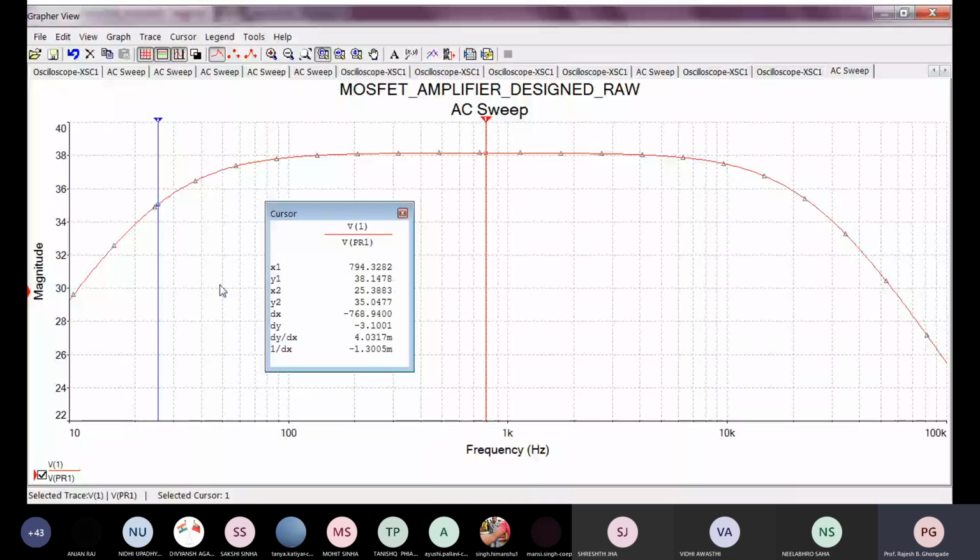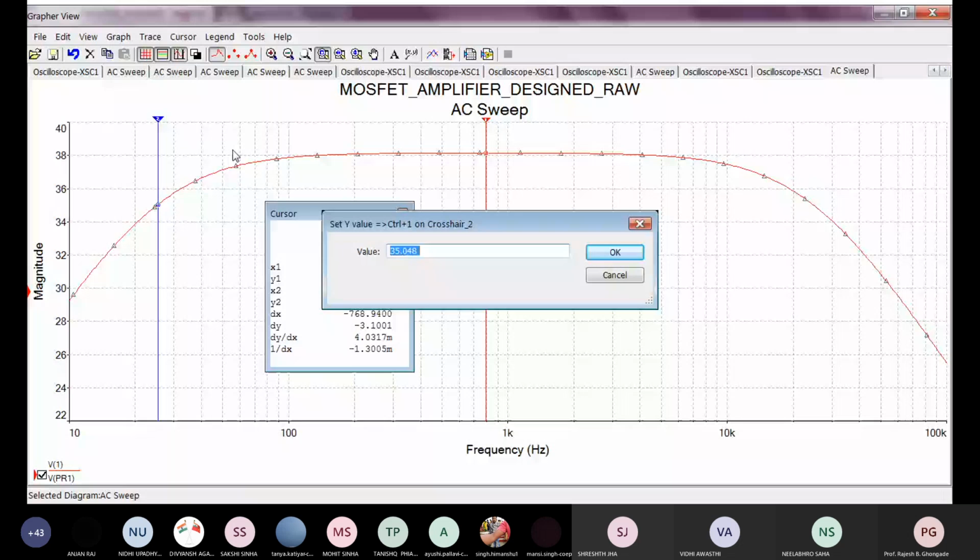So what should I do? I have to move this cursor number 2 so that its Y2 is 38.14 minus 3 dB. That turns out to be 35.14, right? So I will shift this to 35.14.